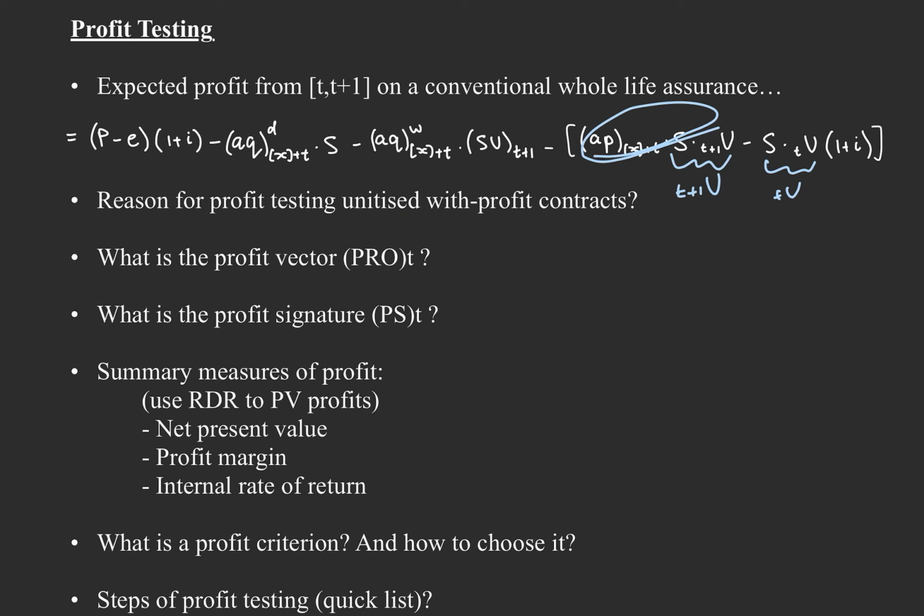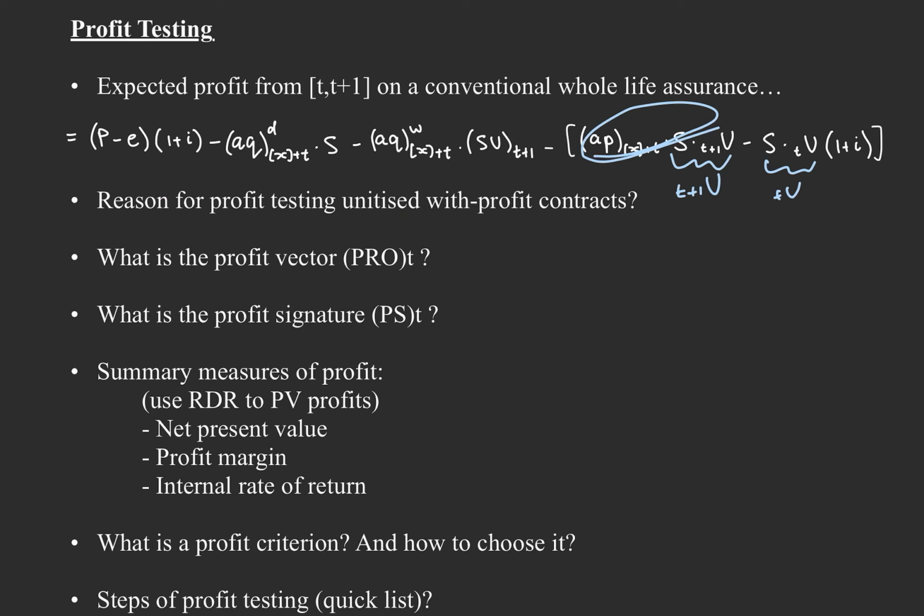And so it's important to still profit test to make sure that we can cover all the costs that we are going to incur as an insurer. And then we are going to distribute all the profits from the investments back to the policyholder.